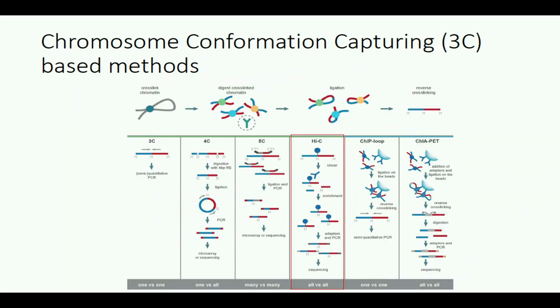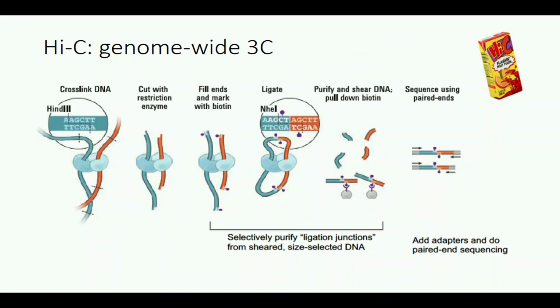And there are actually a wide spectrum of different 3C based methods. It all depends on how many pairs and how much throughput you're getting from these assays, and the most exciting one is called Hi-C.